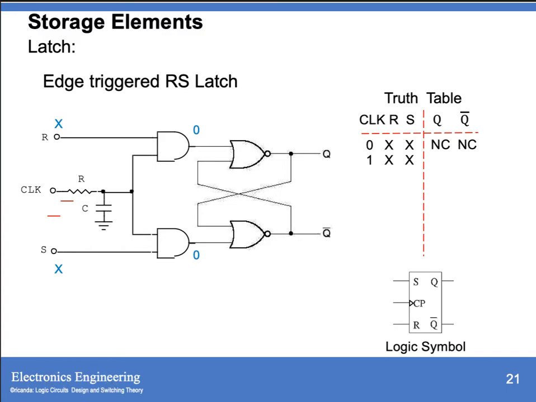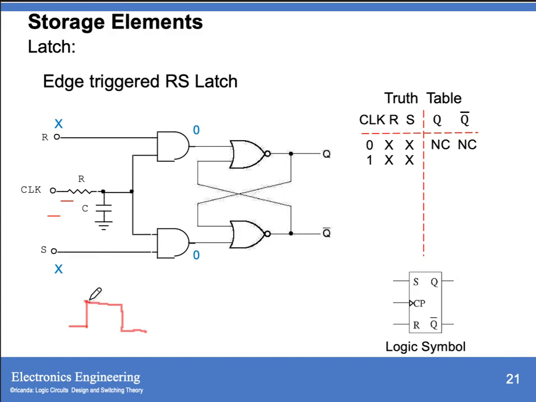So since this is edge triggered and this is your R, it looks like this. So during negative, and this is your clock input. So when your clock changes state from 0 to 1, your capacitor will charge to the value of this 1.